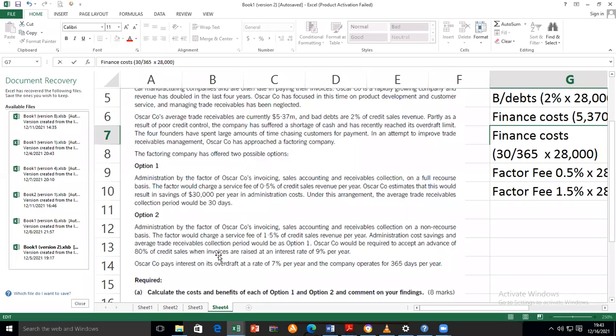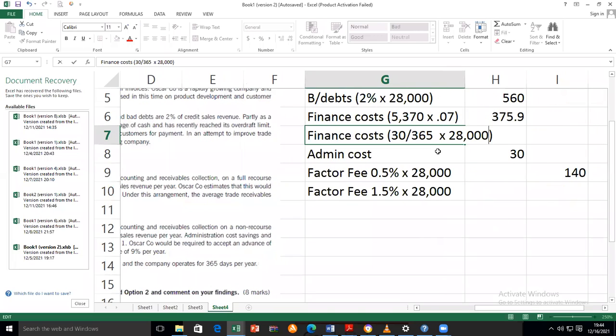So this option is not coming with the funding. The only things that are common here, they have said that the administrative savings and average receivables collection period would be as option 1. Then where will this money come from? This money then will continue to come from where? Overdraft.